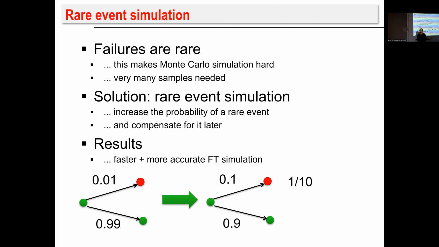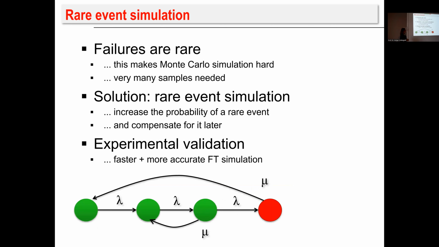Then you need much fewer samples, but rather than counting each hit of the red state as 1, you only count each red state as 1/10. This way, the expected number of occurrences of red in your simulation run is exactly the same. Still, your variance is a lot lower, so you need much fewer samples.